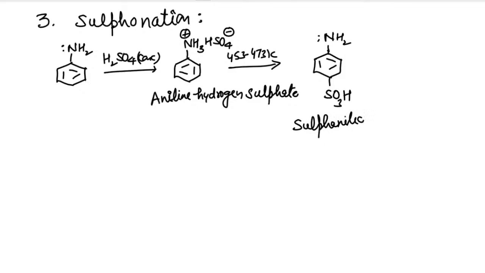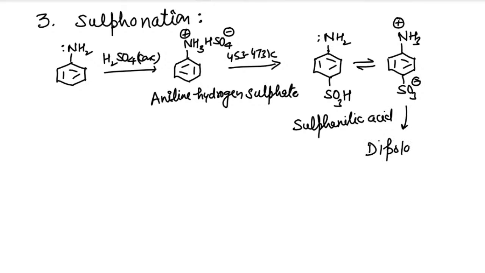So, in sulfanilic acid, you can say there is an acidic group and a basic group. So, it can exist as a dipolar ion, or we can say Zwitter ion. Due to the formation of this, it has a very high melting point.